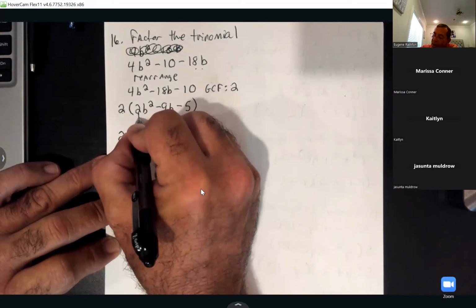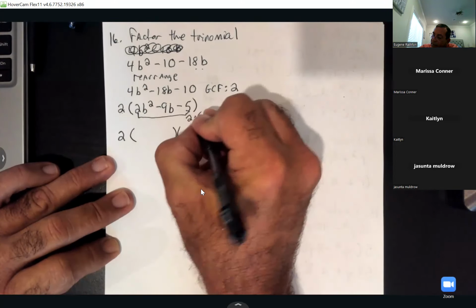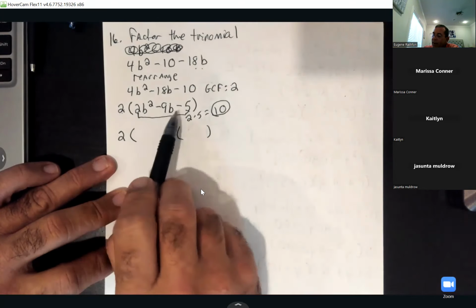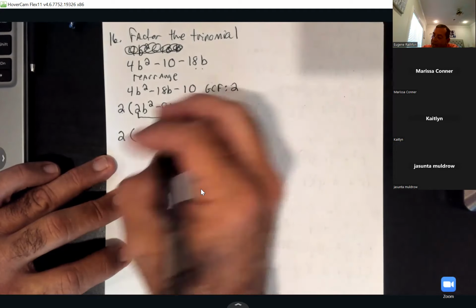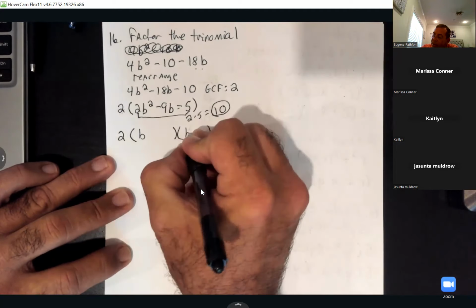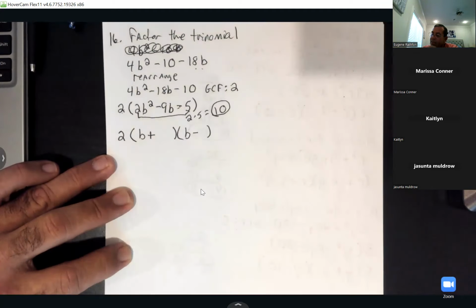So let's figure out what our last number is going to be. 2 times 5 equals 10. So last number is negative. So, well, let's get our b squared. That'll be a b and a b. Last one is negative. So one's positive, one's negative.